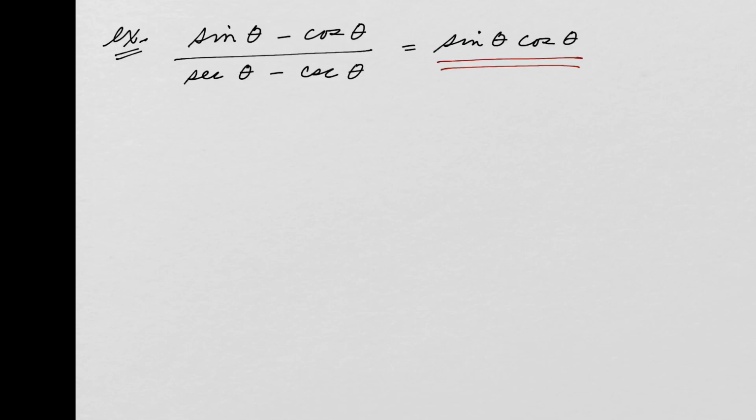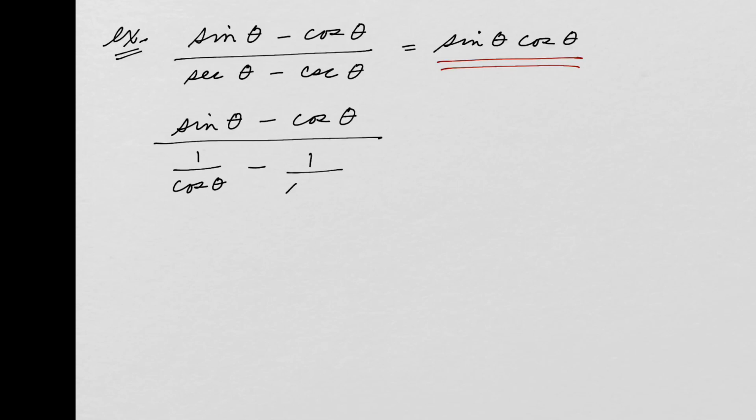Okay, so first of all, let me write everything in terms of sines and cosines. So the numerator is okay. The denominator, well, secant is 1 over cosine, and cosecant is 1 over sine. Okay, now I have this complex sort of rational expression here.